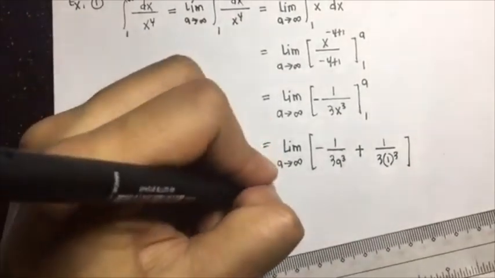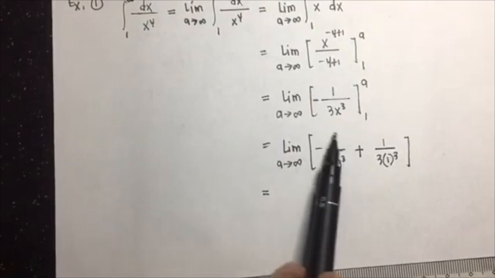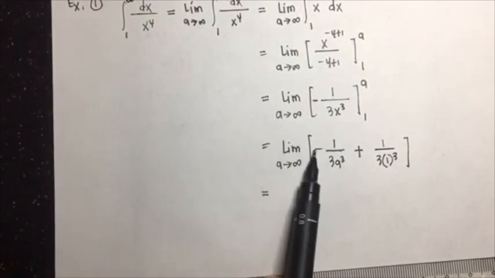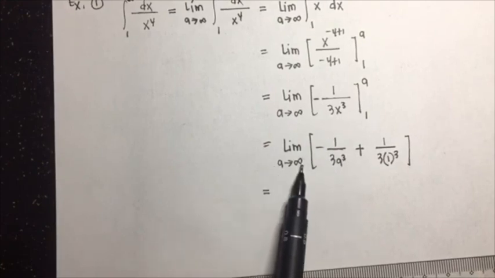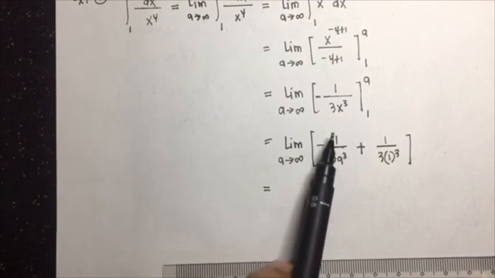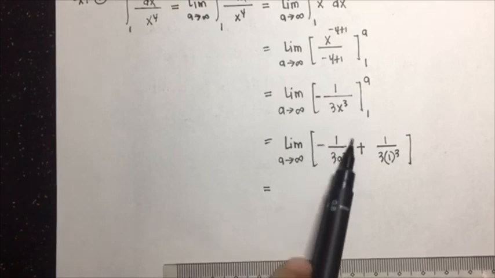Using our differential calculus, evaluating this limit, the limit of negative 1 over 3a cubed as a approaches infinity, the value of this term approaches 0.